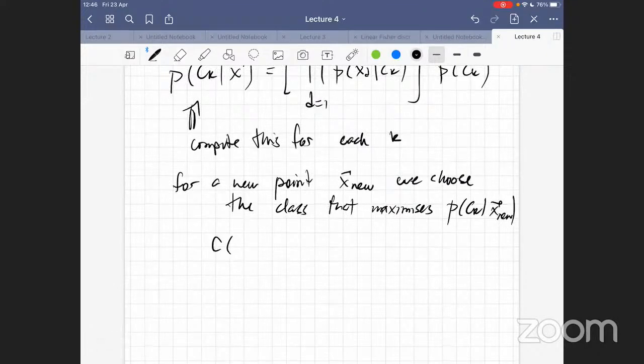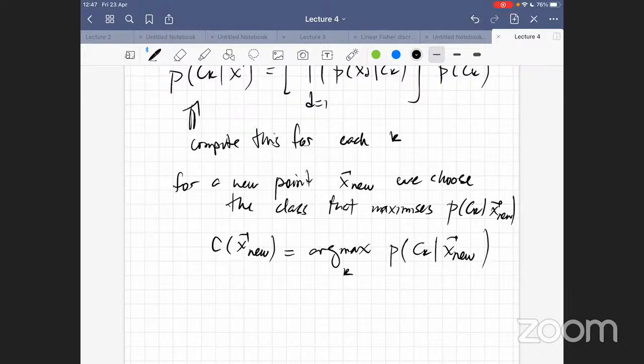So what I'm saying is that the class of x new, I'm just trying to write what I just wrote, is the argmax of this. We can see how this works in the following notebook. But is there any question on the philosophy of the naive Bayes model? Okay, so let me share screen.